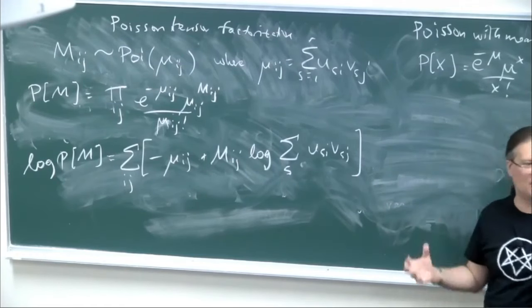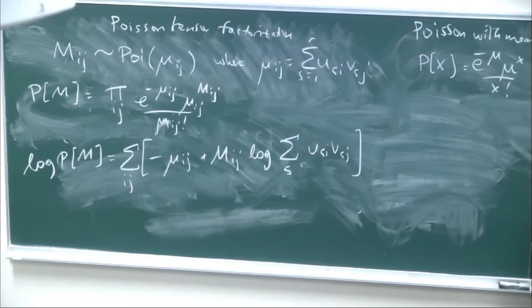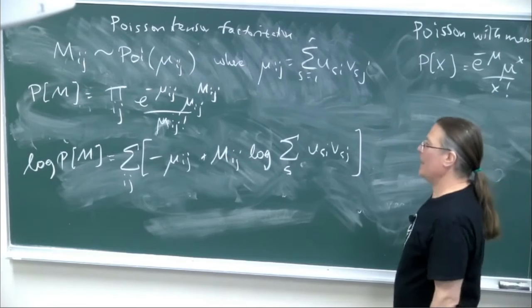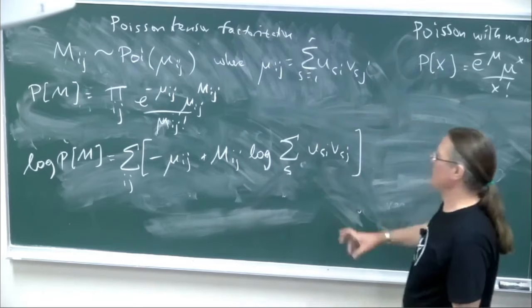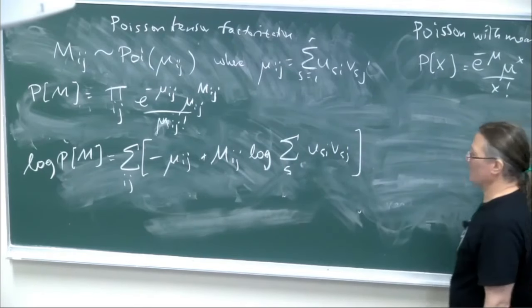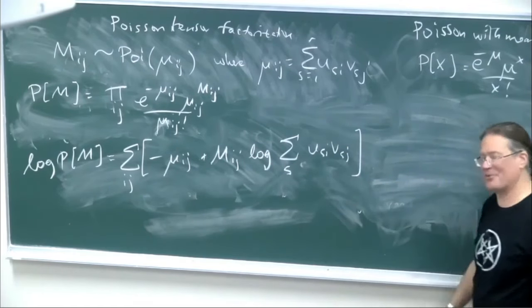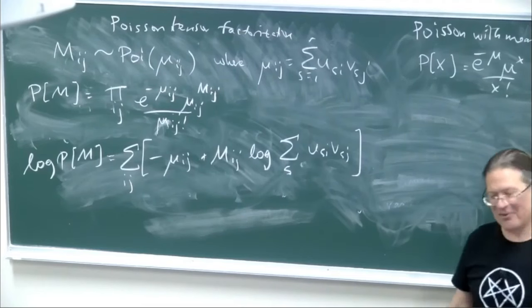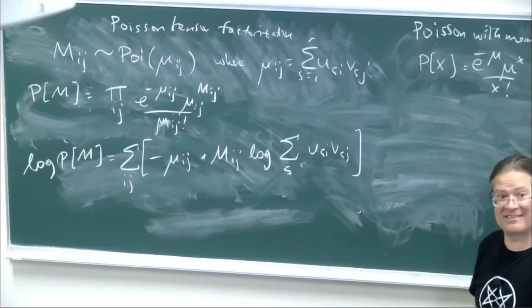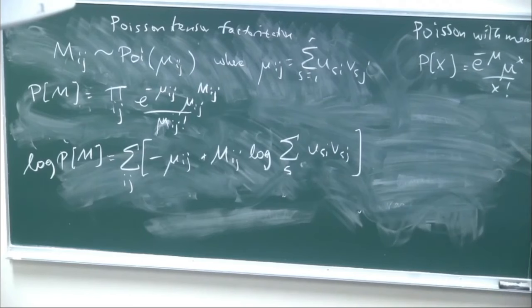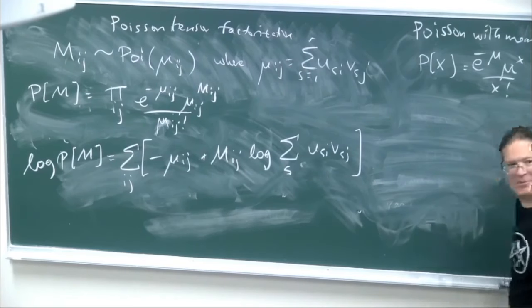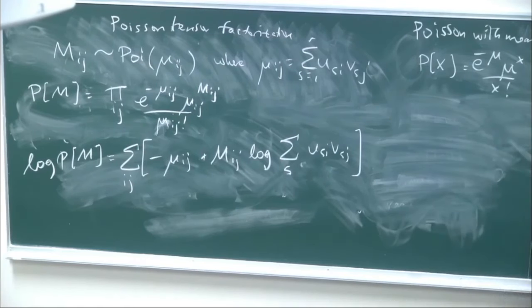If you've heard of topic modeling, things like LDA, which stands for latent Dirichlet allocation, is a fancier version of this that has a prior. This is more like its predecessor called PLSA, probabilistic latent semantic analysis. I wish I didn't know what all these things stood for, but anyway.